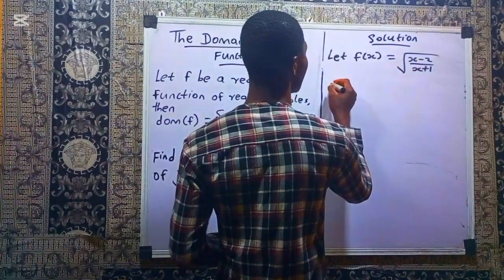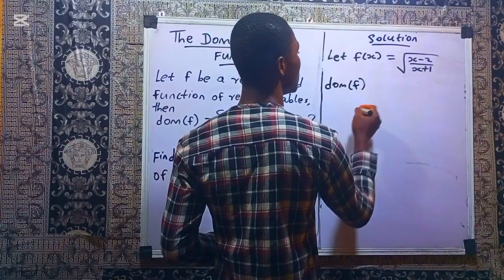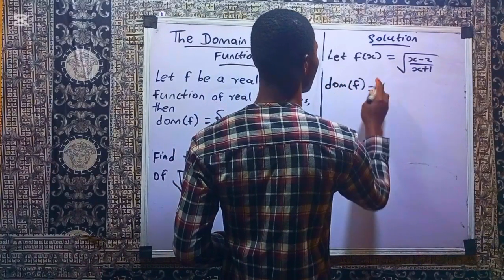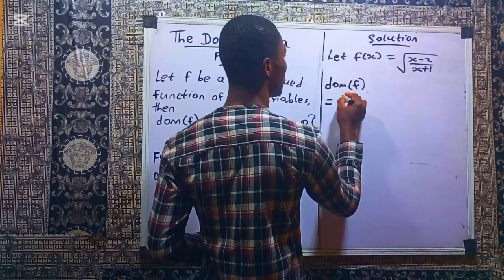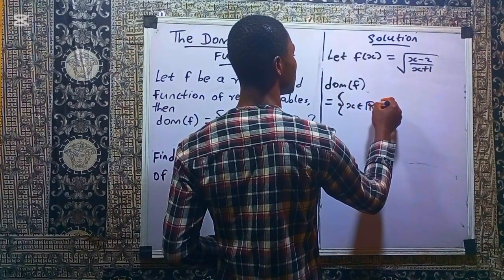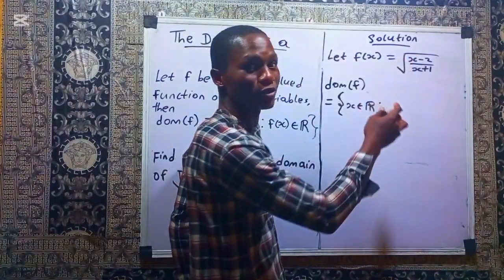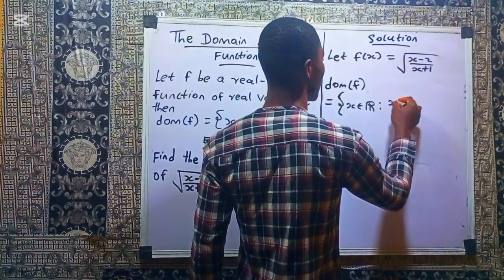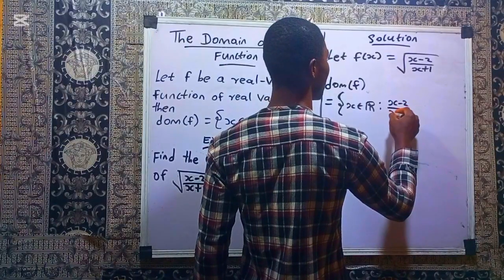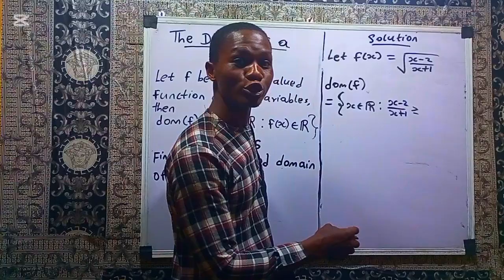So we are going to say that the domain of this function f is equal to the set of all x elements of real numbers such that what is inside the square root, x minus 2 divided by x plus 1, should be a number greater than or equal to 0.